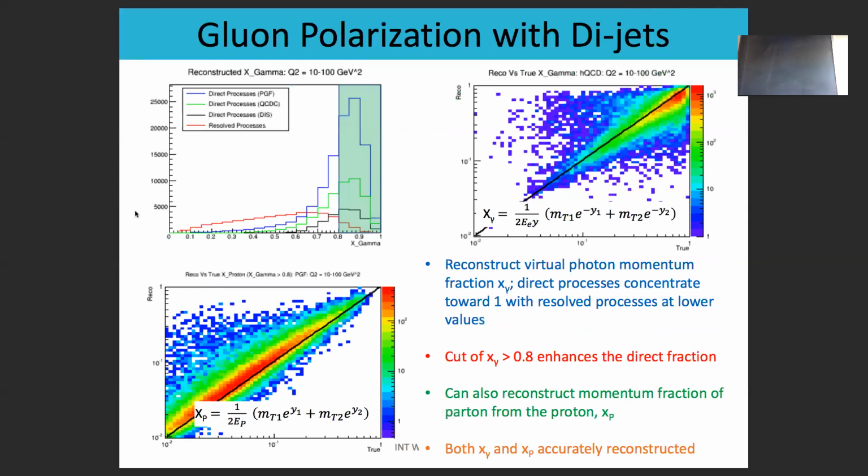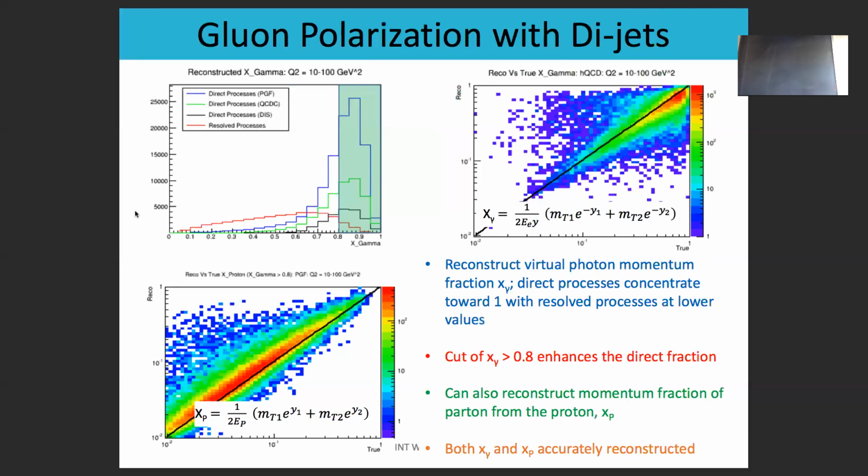This is the reconstructed X gamma. This is the formula here: the energy is the transverse mass of the jet times e to the rapidity in this combination.